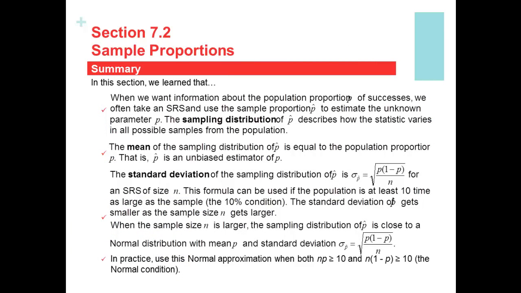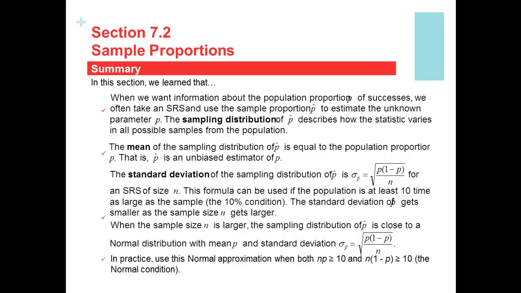In summary, when we want to know information about a population proportion p of successes, we often take a simple random sample and use the sample proportion p hat to estimate the unknown parameter p. The sampling distribution of p hat describes how the statistic varies in all possible samples from the population. The mean of the sampling distribution of p hat is equal to the population proportion p.